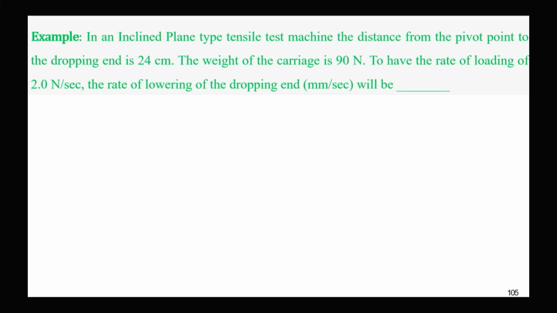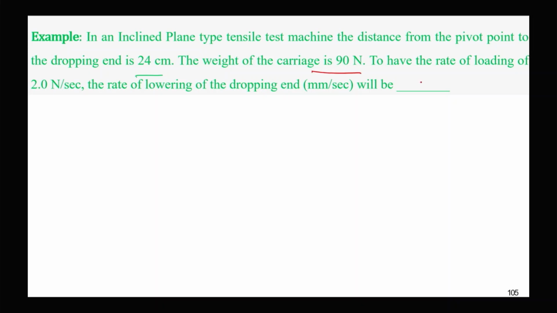Next numerical is that in an inclined plane type tensile test machine, the distance from the pivot point to the dropping end is 24 centimeter, the weight of the carriage is 90 Newton.